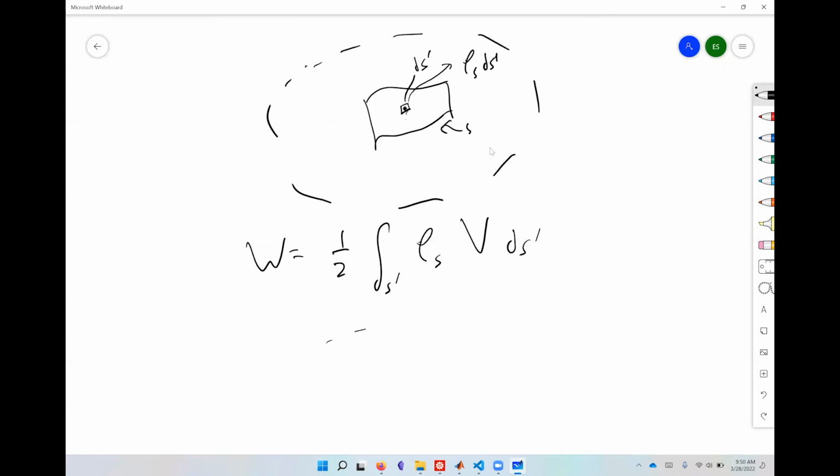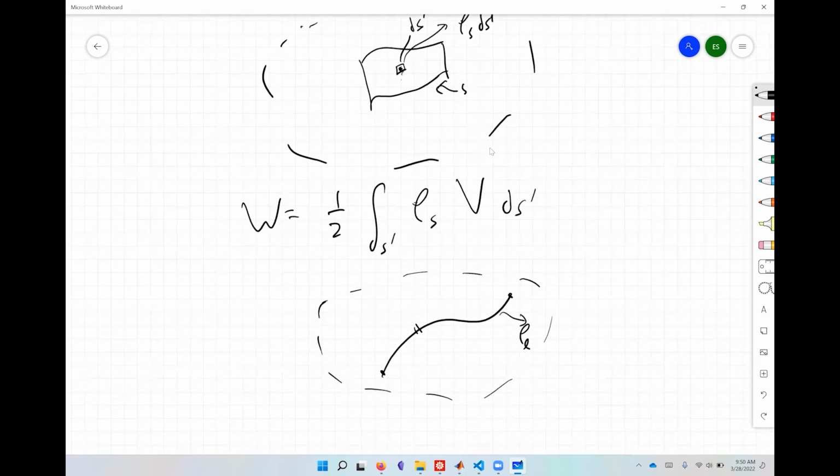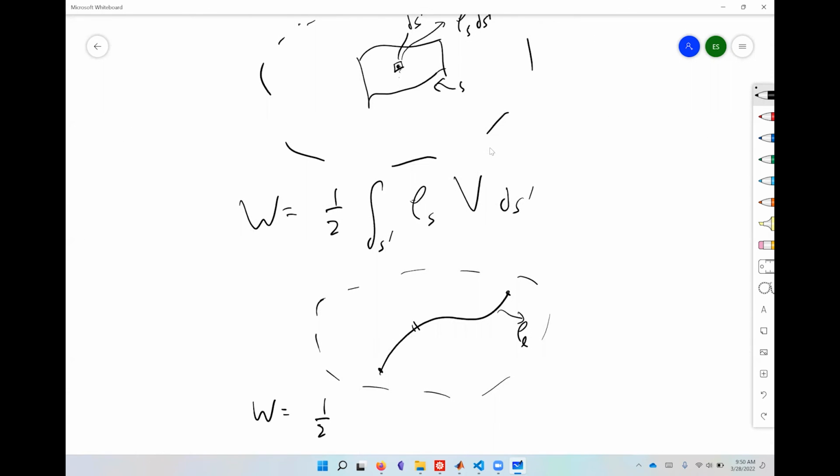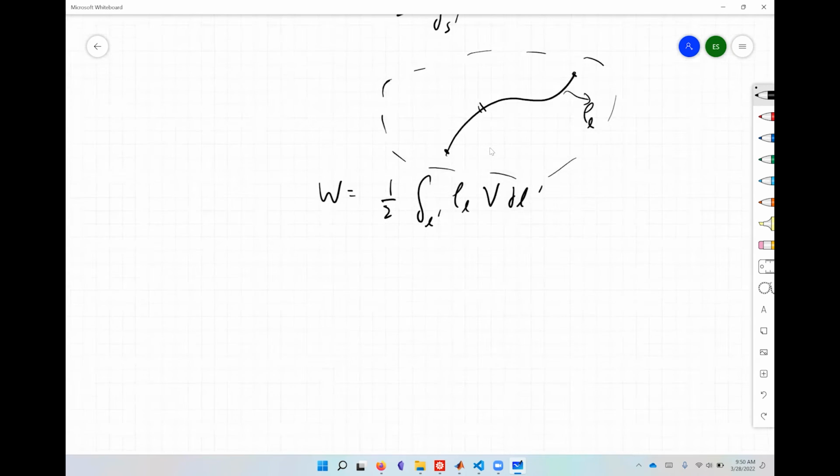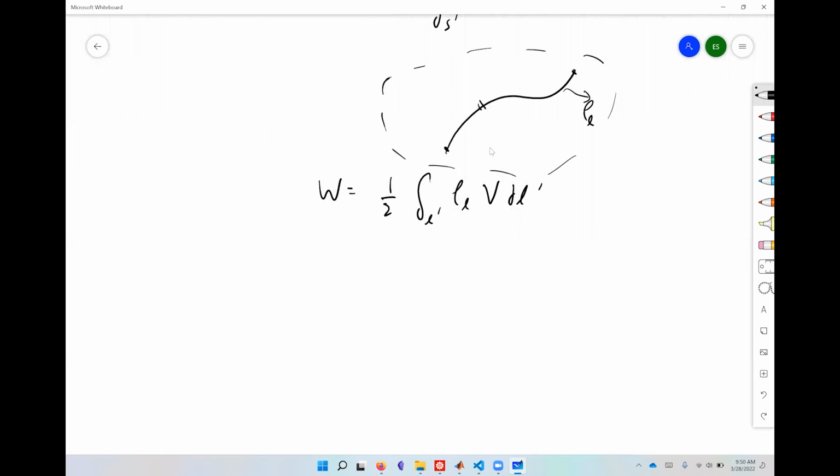What about the line charge? Rho L. Same thing. W is going to be half, integral over L prime, rho L V. But anyway, the most general thing you can deal with is 3D space. So now we know the total energy of the field and how it relates to the charges.